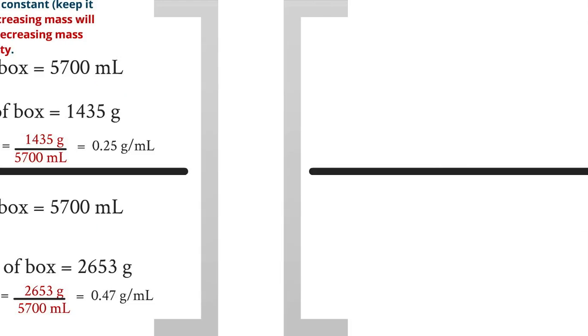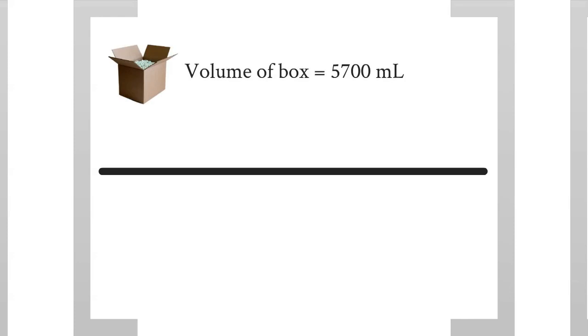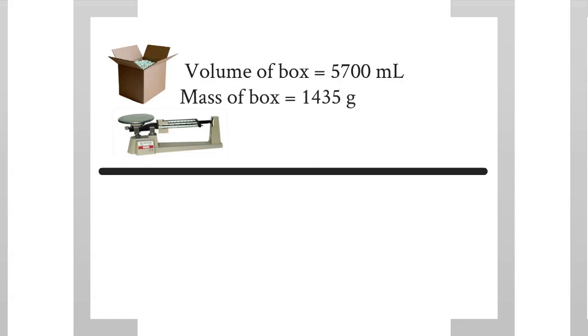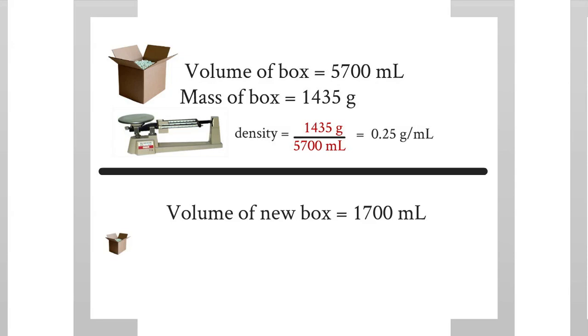If we decrease the mass, then let's go back to our first box, the box full of the packing peanuts. Its volume was 5,700, its mass was 1,435. If we calculate the density, mass divided by volume, density is 0.25 grams per milliliter. So we got that. Now, let's decrease the volume of our new box.